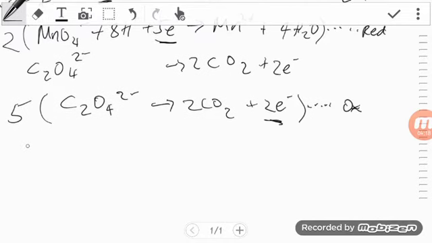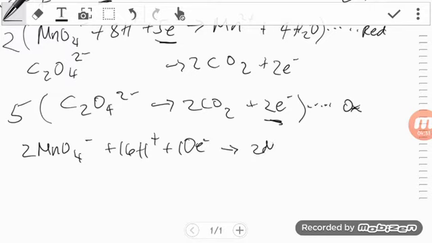And rewriting would be MnO4 minus plus 16 protons plus 10 electrons, to 2 manganese cation, and 8 water molecules.